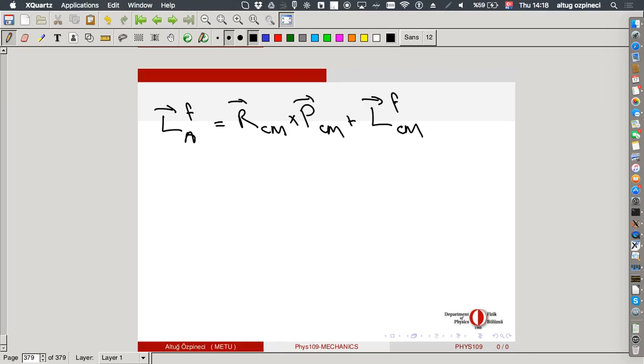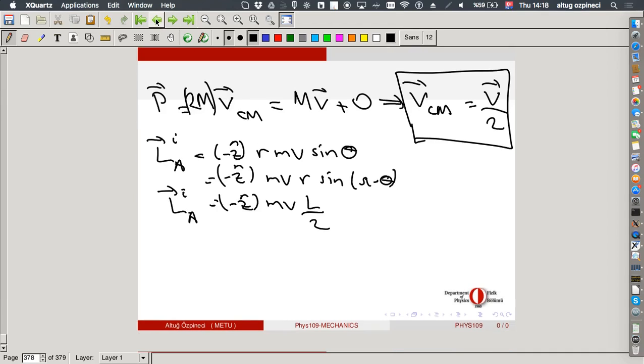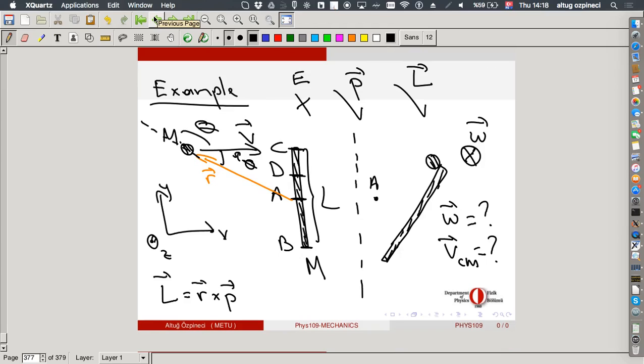This separation we can always do. Now, where is the center of mass of this system as a whole?